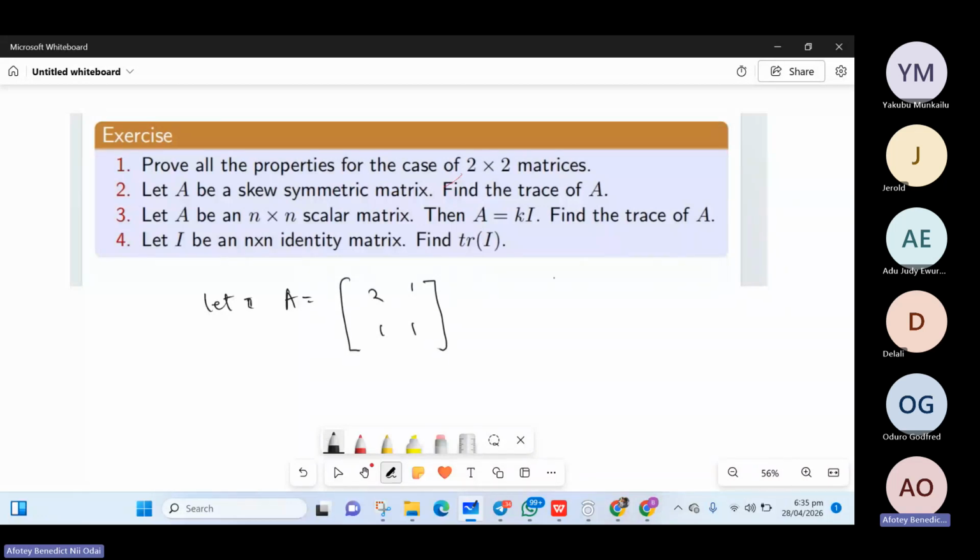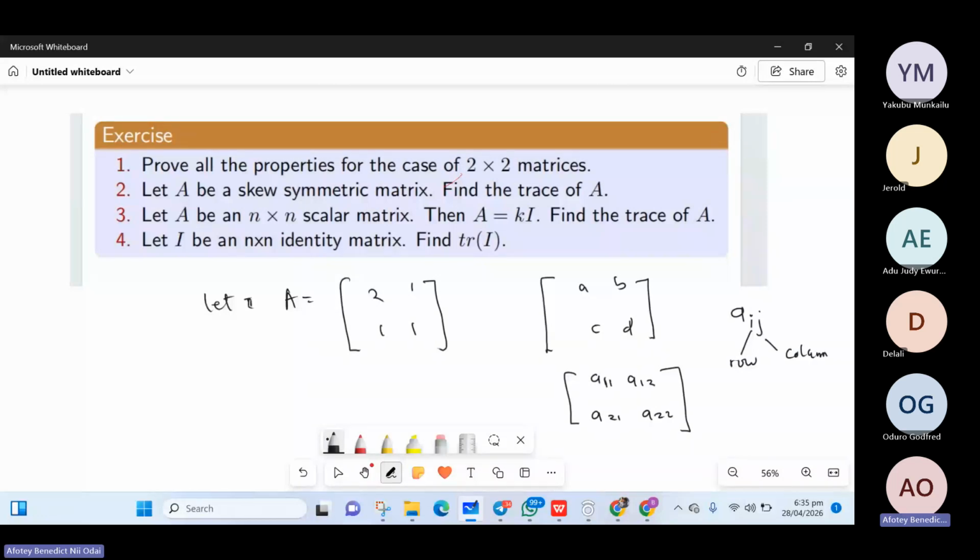So the best option you can use is A, B, C, D, or you can also use A11, A12, A21, and A22. So that for every entry, the first I represents the row number and the J represents the column on which it is found.